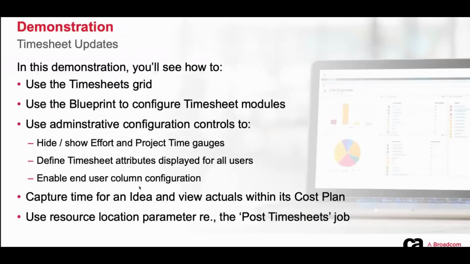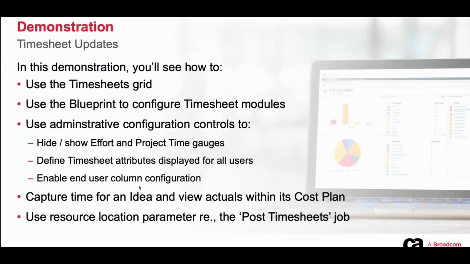Okay, all right. We're just moments away from the demo here. We're going to take a look at that timesheet grid and learn how to use it. We're then going to look at the blueprint to configure the timesheet modules. We're also going to look at the administration configuration controls to hide or show those gauges, define the timesheet attributes that are going to be displayed, and enable end user column configuration.